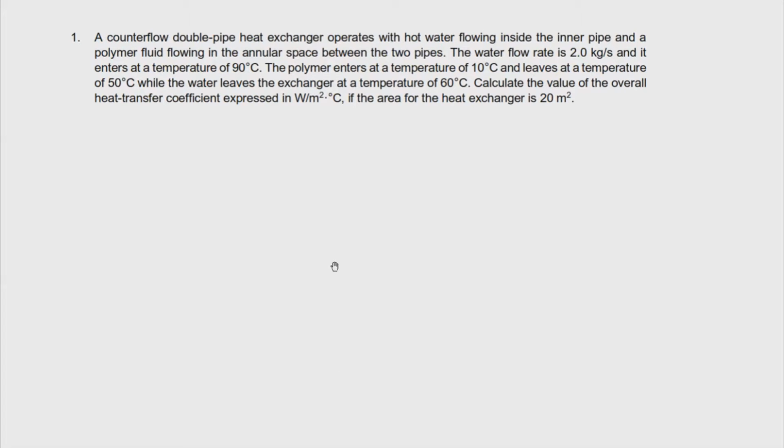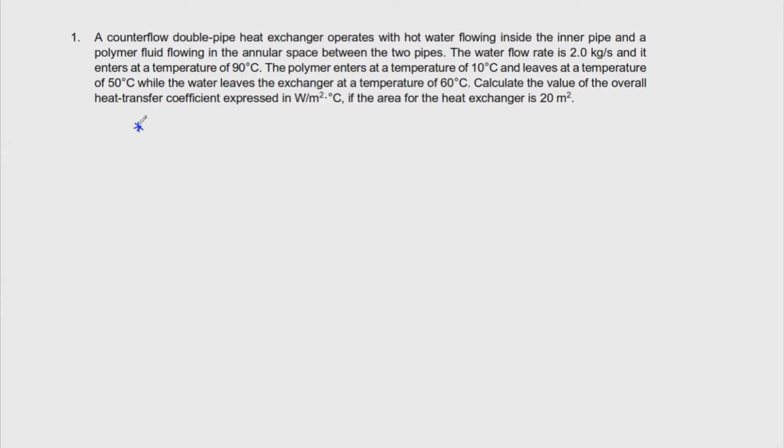Okay, so as promised, here is an example or a problem regarding heat exchanger. So, kagaya ng ating mga process ng solving for heat transfer, the very first step in solving any unit operation problem, or let's say heat exchanger problem, is identifying the condition.